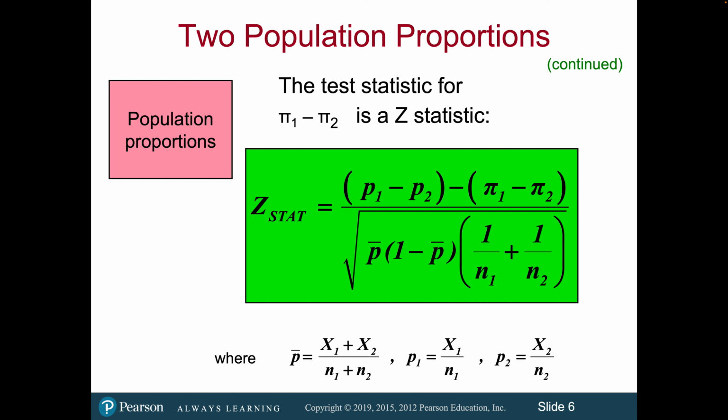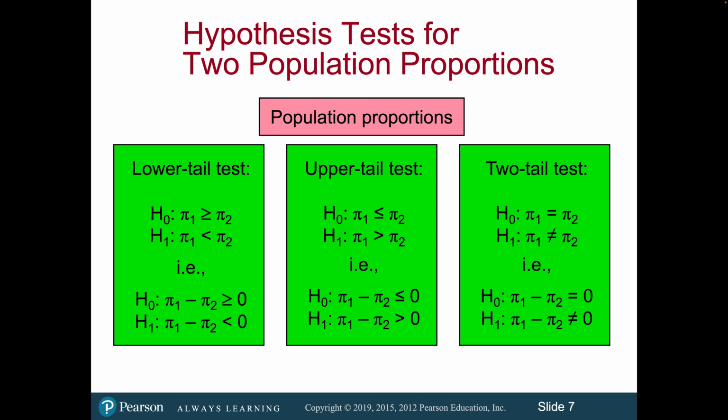P1 minus P2 minus, I'm sorry, pi1 minus pi2. That's usually 0 because we assume that pi1 is equal to pi2. So really the numerator just turns out to be P1 minus P2. The standard error, just take a look. It's just kind of ugly stuff, right? Just is. But again, we do all of this using StatCrunch.